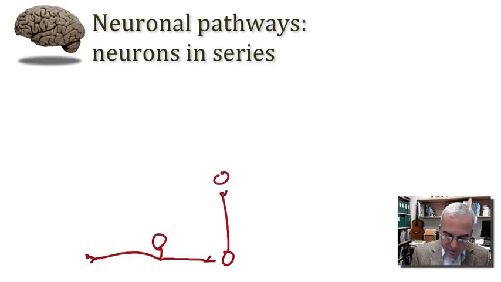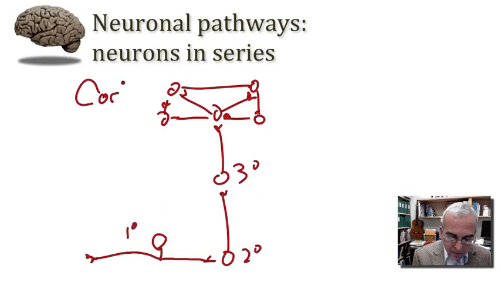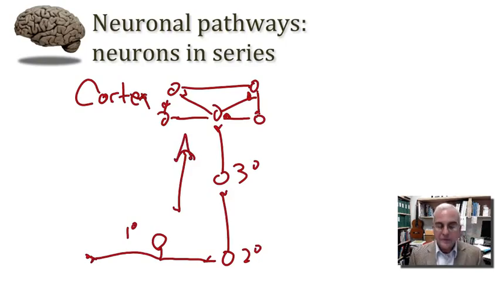But now we often think about this as ascending into the nervous system. And here's our complicated network again, representing the cerebral cortex. So here's our first order neuron, our second order neuron, our third order neuron, and then the cortex. Now this we might consider to be a sensory pathway, and the information is essentially flowing in the ascending direction.